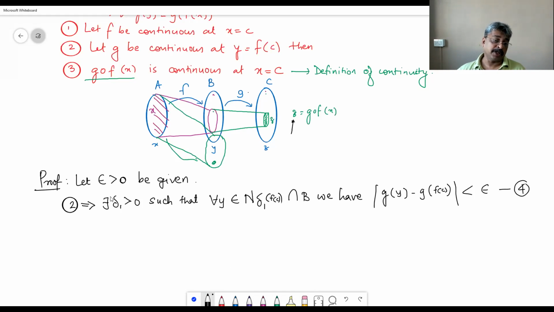Is it correct? Now let us check. For given epsilon, there exists delta 1 such that for every y, which is the independent variable in B, belonging to the delta 1 neighborhood of f of c intersection B, we have g of y minus g of f of c less than epsilon. Here g of y is g of f of x.